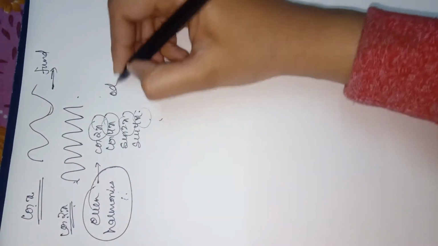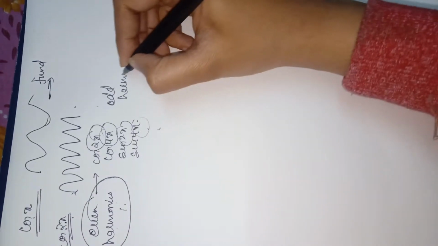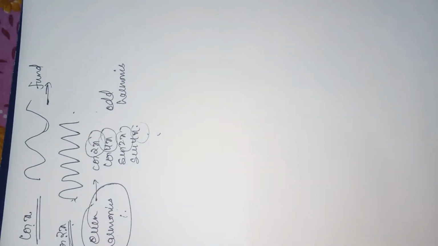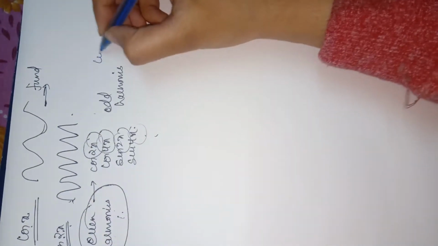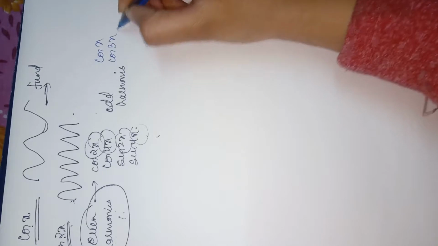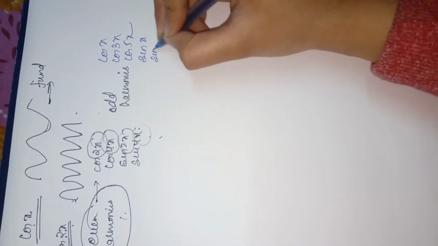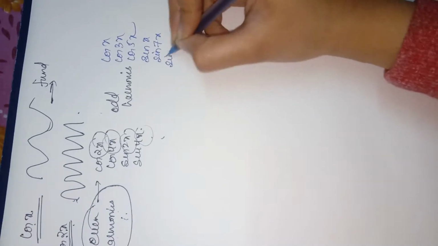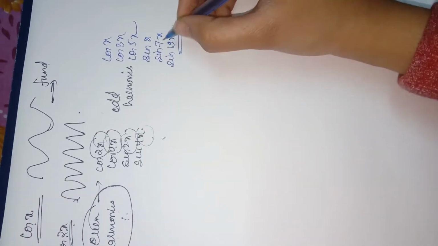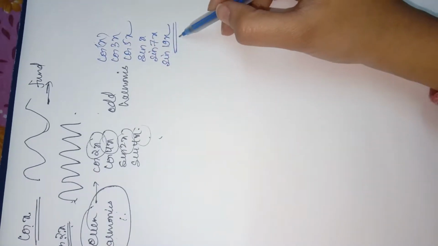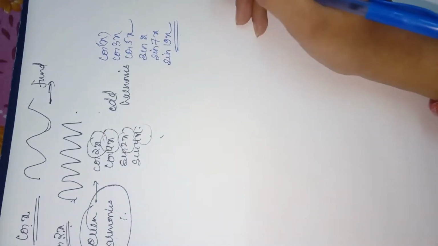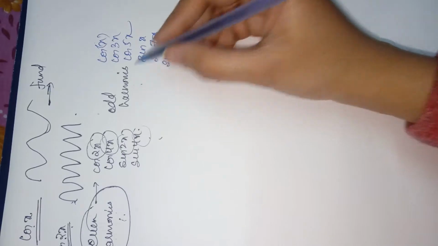Odd harmonics would mean cos x, cos 3x, cos 5x, it can be sine x, sine 7x, sine 19x, but all these inside terms are odd. You can say odd multiplication factor, but this is not an odd function.